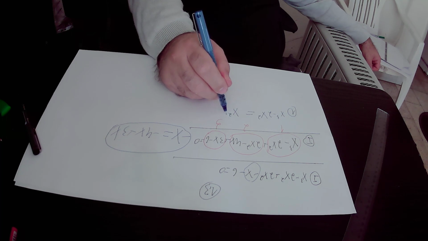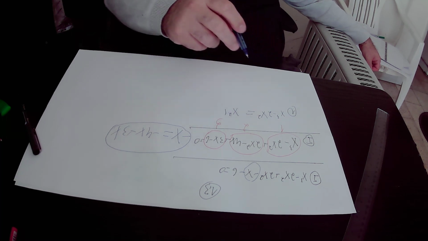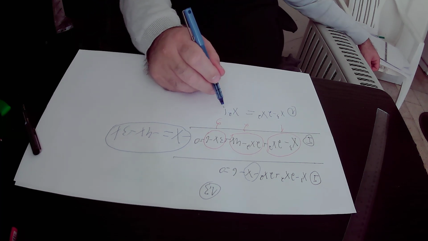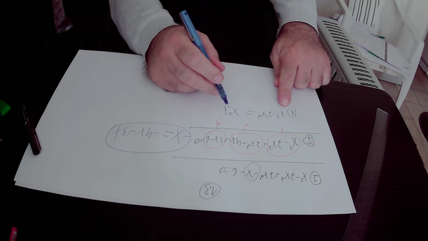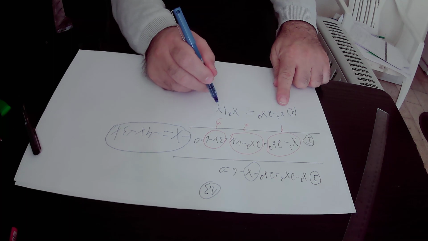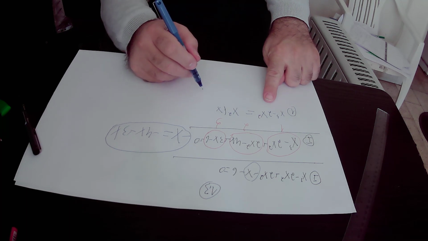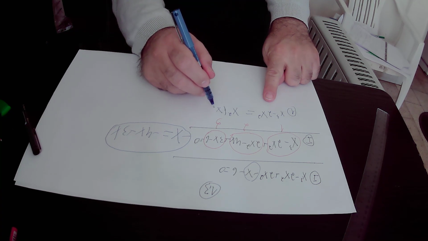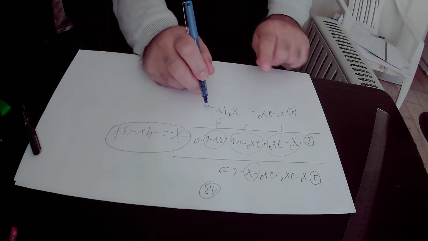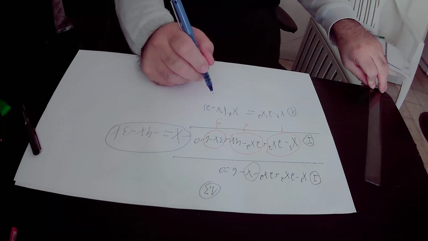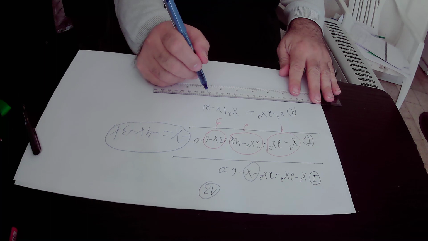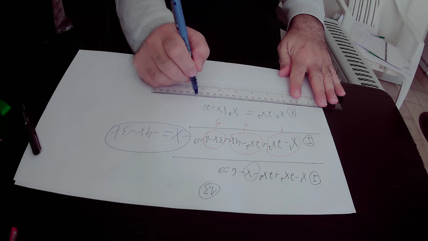What is left after we took x squared as a common factor from x cubed? What is left is x. And what is left from minus 2x squared? It is minus 2. So x cubed minus 2x squared equals x squared times x minus 2.